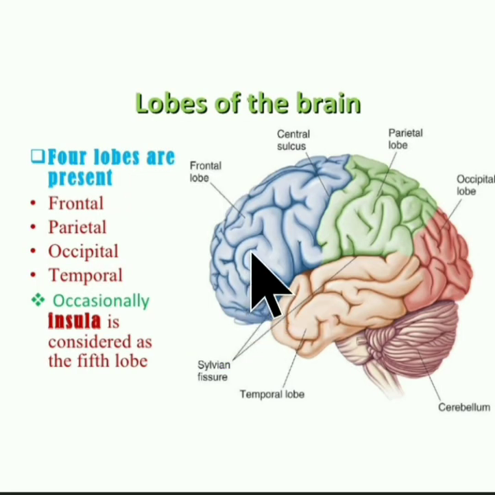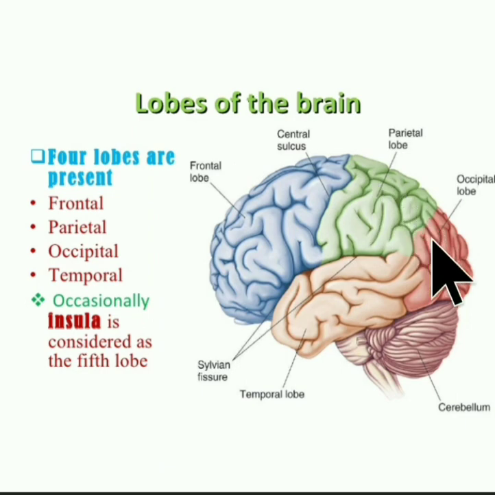The cerebrum consists of four lobes: the frontal lobe, seen inside the frontal bone; the parietal lobe, inside the parietal bone; the occipital lobe, inside the occipital bone; and the temporal lobe, inside the temporal bone.